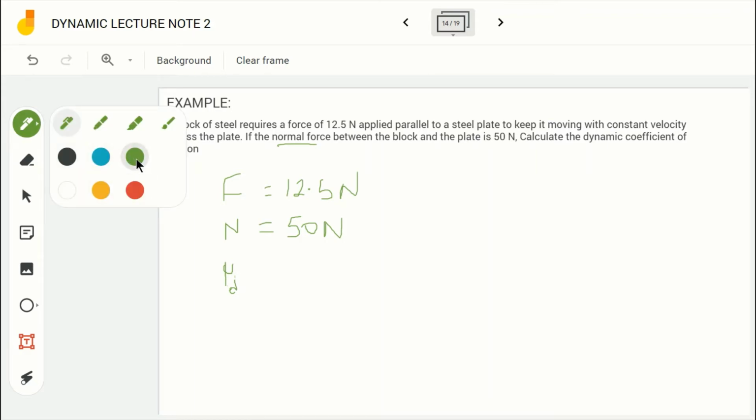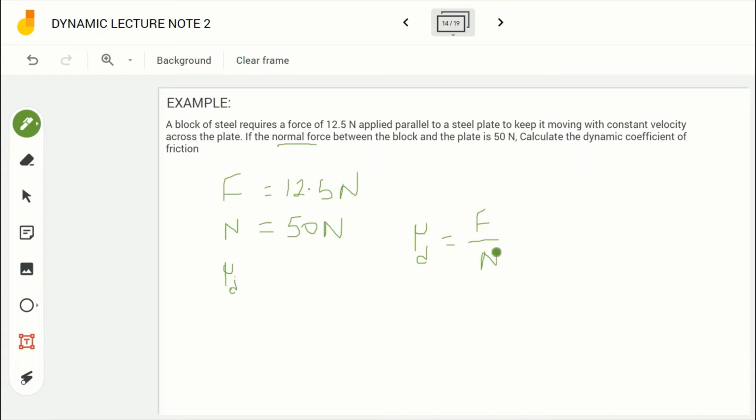We know that the formula is rho subscript D is equal to the frictional force F over the normal force.